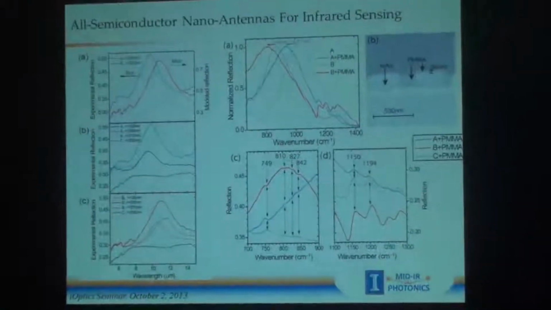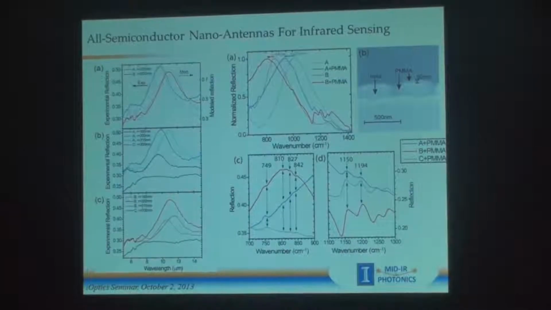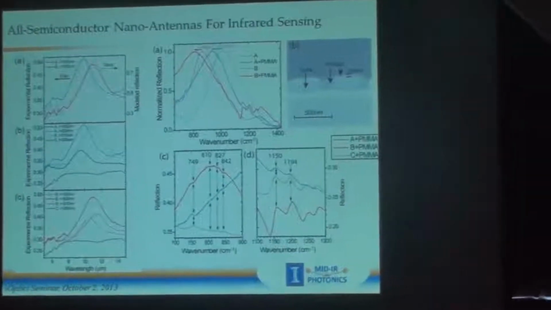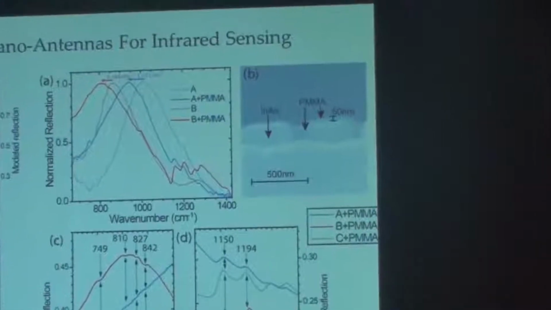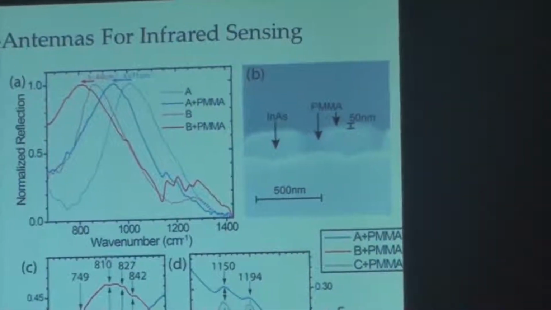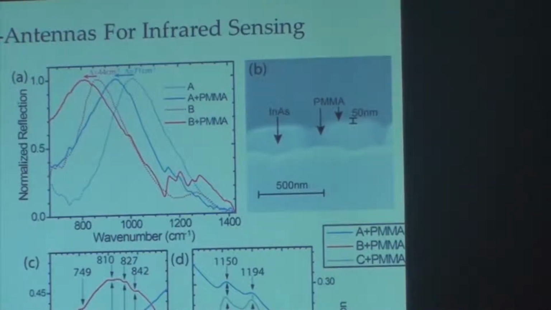these rather strong resonances. So when we coat the structure with a very, very weakly absorbing polymer, in this case PMMA, we have very weak absorption lines that overlap with our antenna resonances, and a very thin layer of PMMA in the first place. So only 50 nanometers, again, much, much smaller than the wavelength of the light, to the extent that you would not expect a strong interaction between a 50 nanometer layer and 11 micron light.